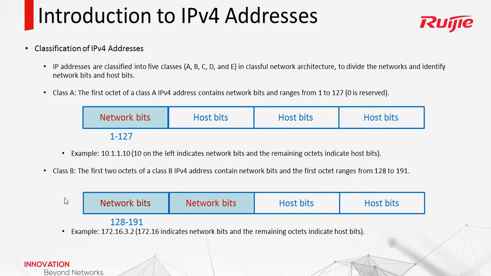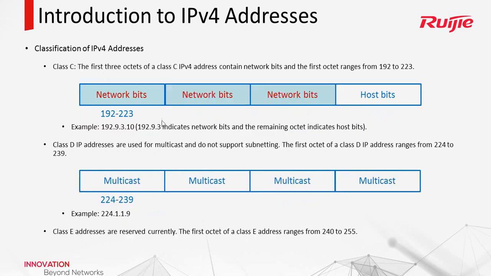So class B has this format: 128 to 191. Then the second byte also belongs to network bits, and the others are host bits. This is class B. Now we have an example, 172.16.3.2. Next time you see this IP address, you should know this is a class B IP address.